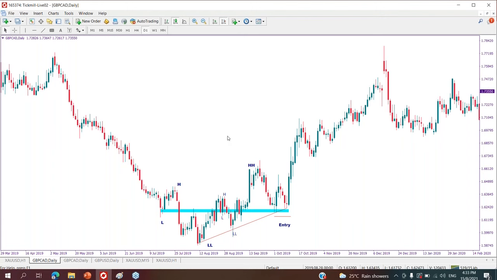How long do you keep the entry, teacher, if you entry based on 30 minutes? I don't know. I have no idea, because price is very unpredictable. Sometimes when I enter, suddenly it moves, zoop, it reaches 100 pips, and then I get to know that there is news today.